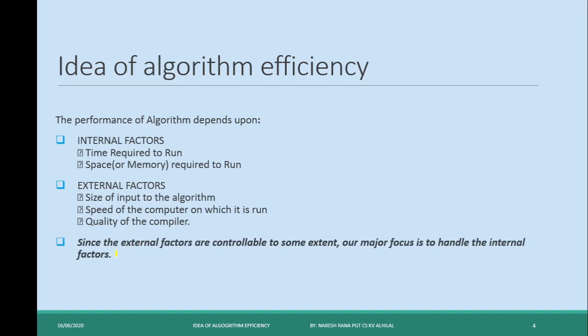The external factors are controlled to some extent, but our major focus is to handle the internal factors: the time required to run the program and the space, or memory, required to run it.